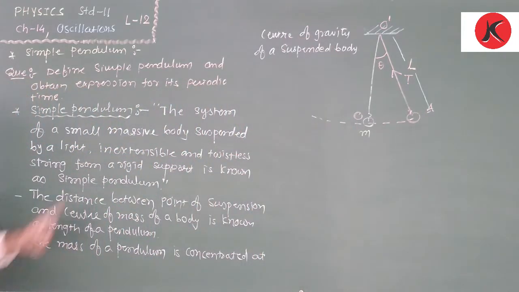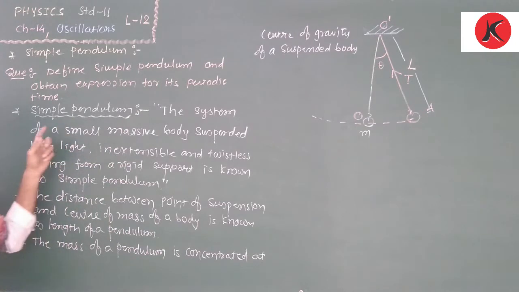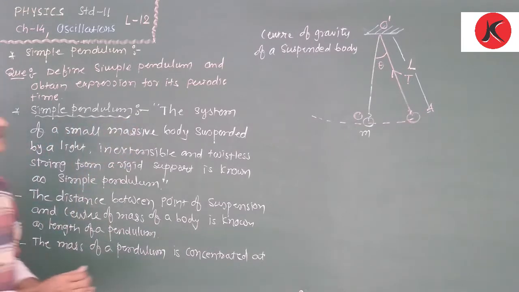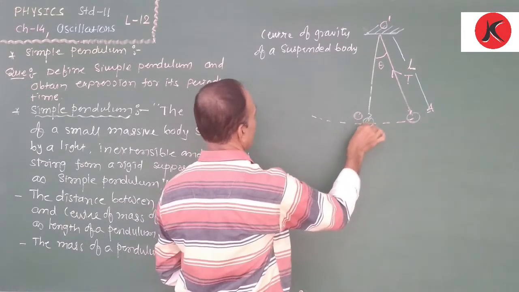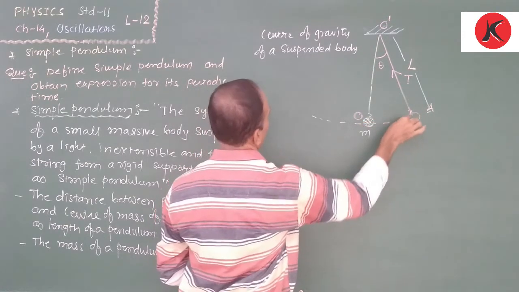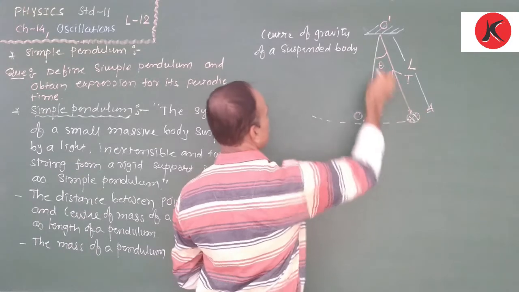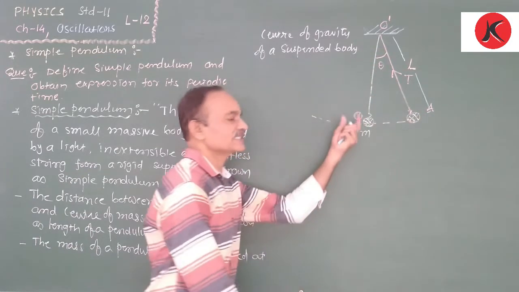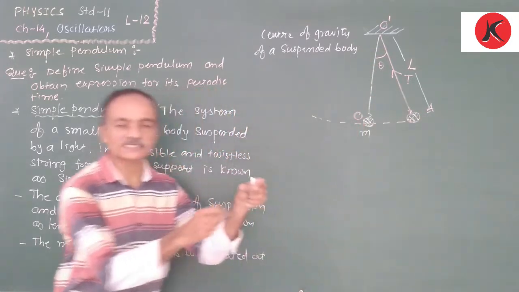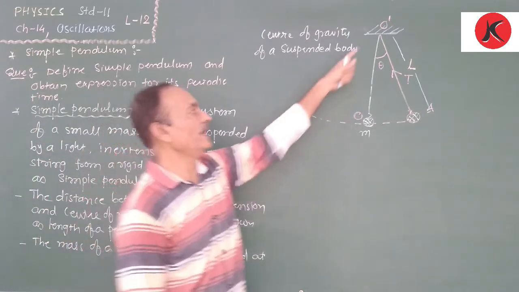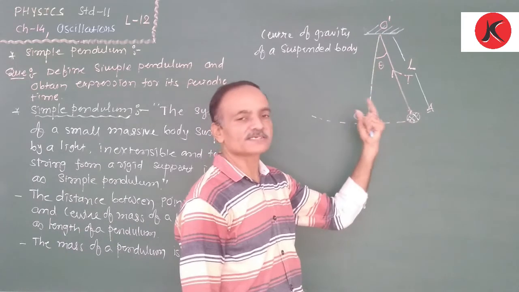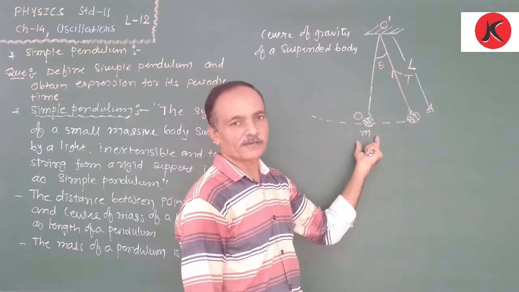So now the definition of simple pendulum: the system of a small massive body, here the body is very small, having mass, is suspended by a light, inextensible string, that means the length of the string is not increased, and twistless string from a rigid support. Such a system is known as the simple pendulum.